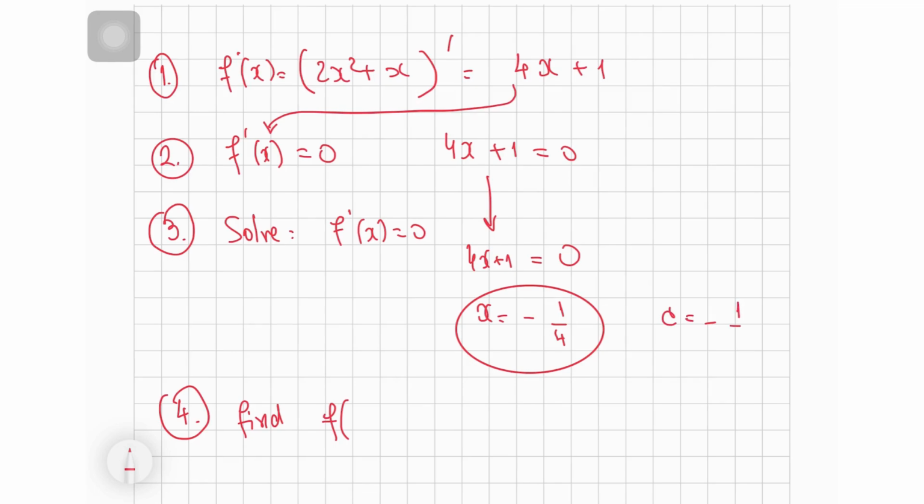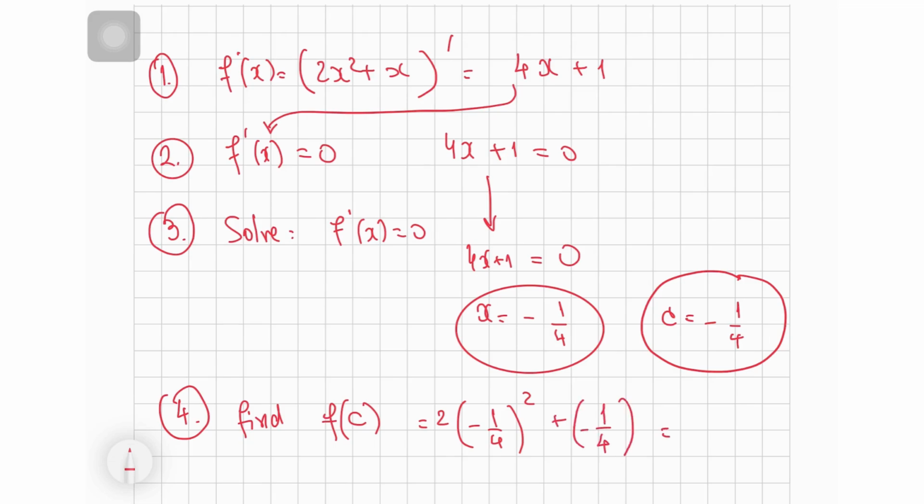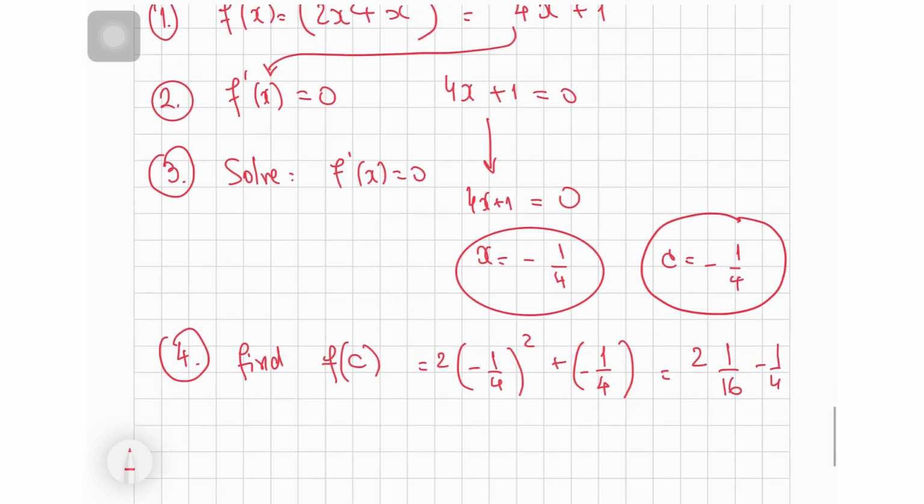So c equals minus 1 over 4. Find f of c, which is 2 times minus 1 over 4 squared plus minus 1 over 4, which is 2 over 16 minus 1 over 4. That is 1 over 8 minus 1 over 4, which is minus 1 over 8.